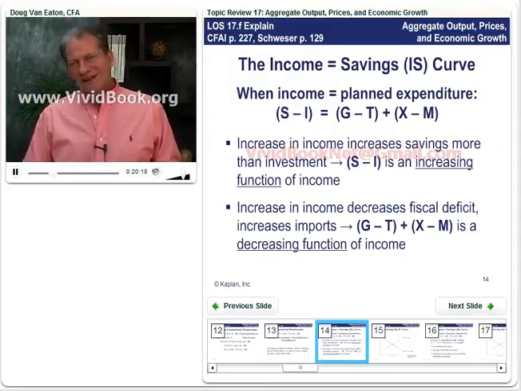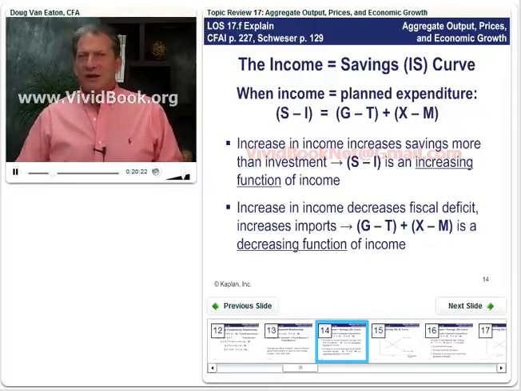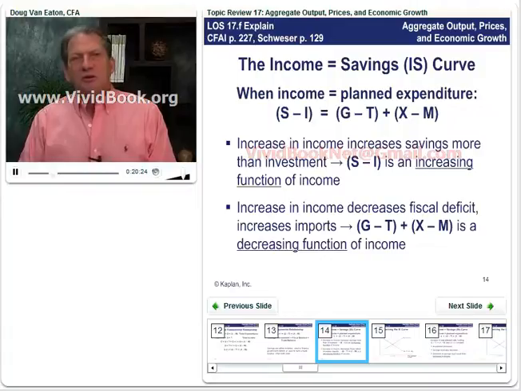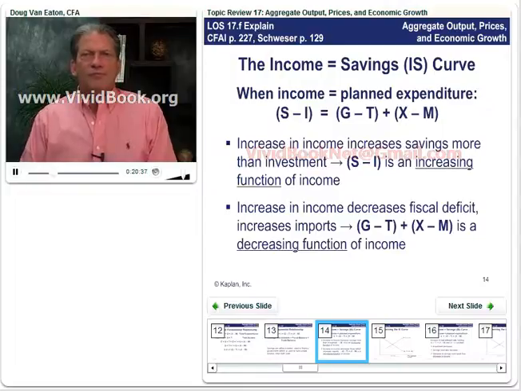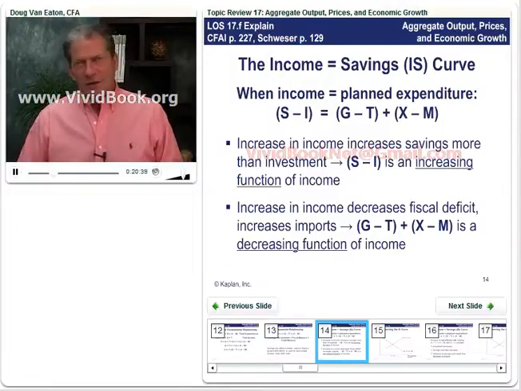So when income equals planned expenditures, expenditures equal income, that's our equilibrium in the goods market. Our IS curve is going to show us different equilibrium points across the economy in the goods market.